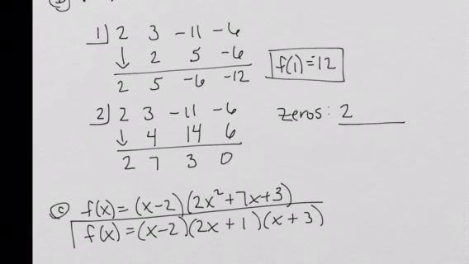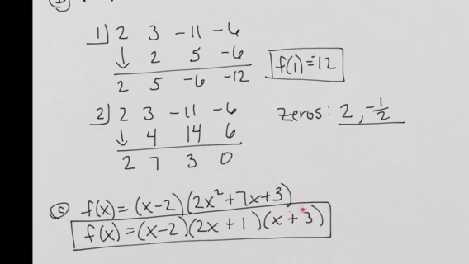So for part C, this is our factored answer, allowing us to find our zeros from here and here. We already got 2. From here we'll get -1/2, and from this last factor we'll get -3. So here are our zeros. This was the answer to part B.